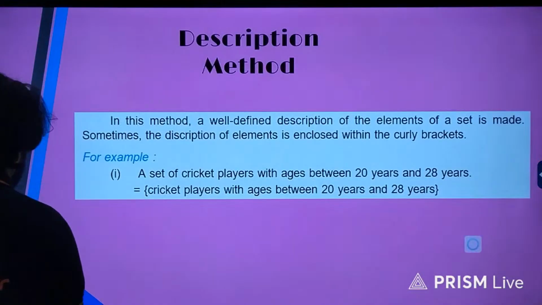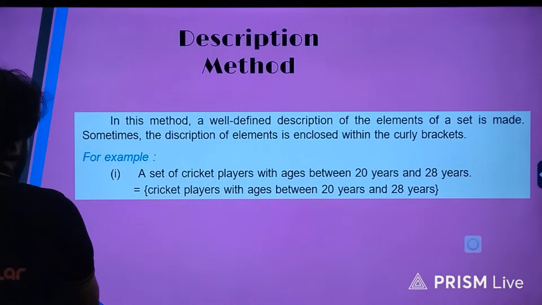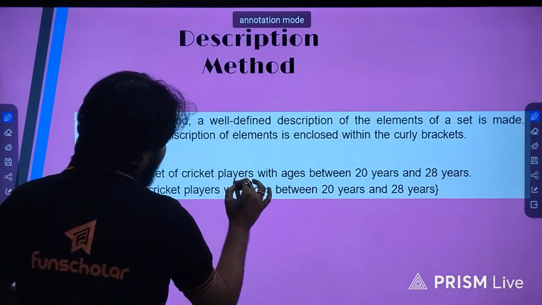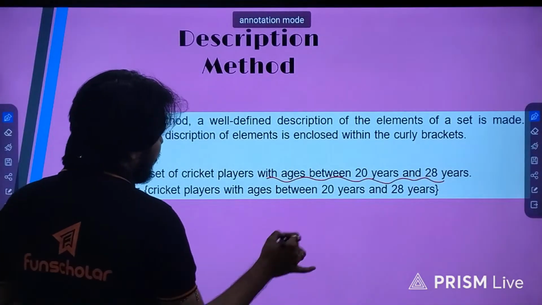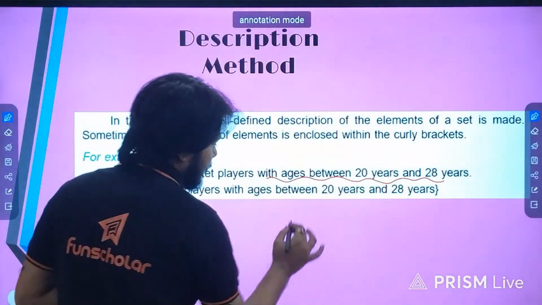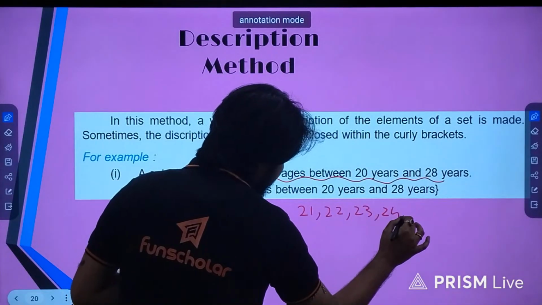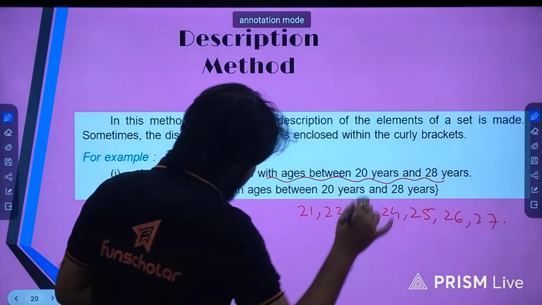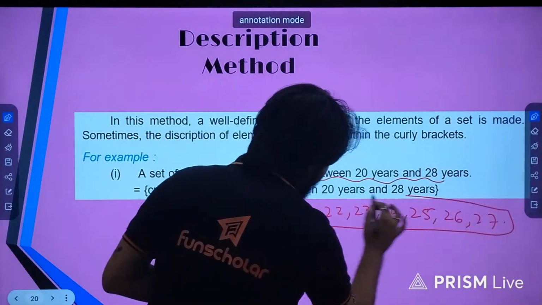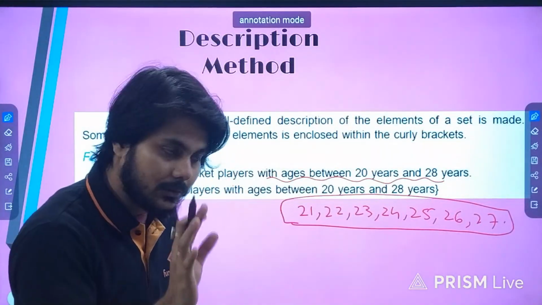But if you see this description method, cricket players with ages between 20 and 28. So what will be the possible elements here? 21, 22, 23, 24. These ages lie between 20 and 28. Yes or no? Yes.